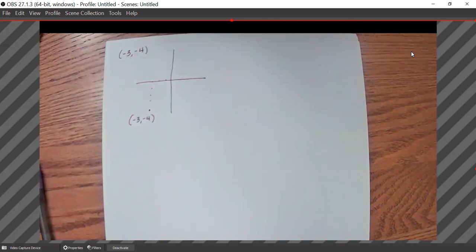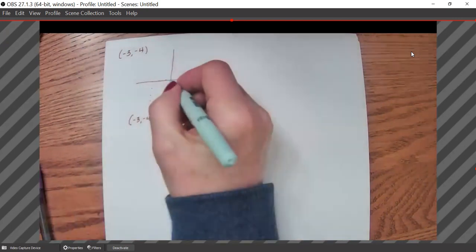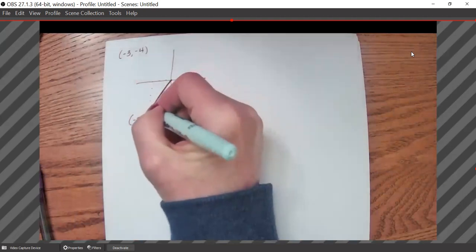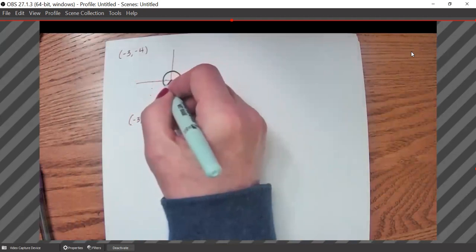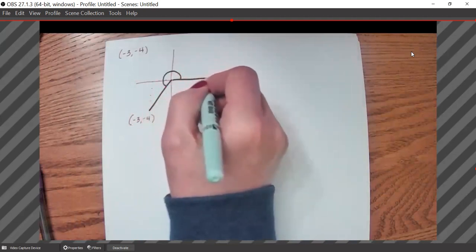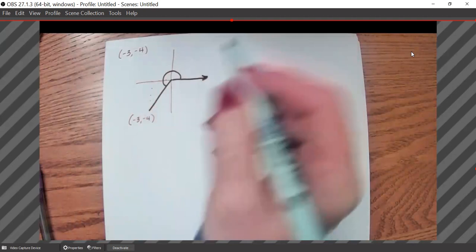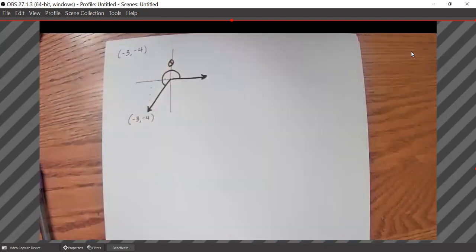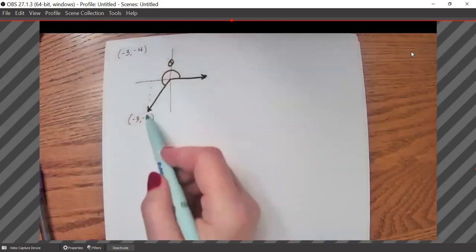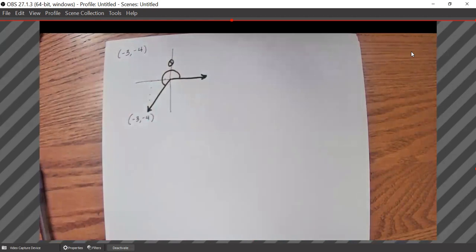So this is the angle whose terminal side passes through the point -3, -4.